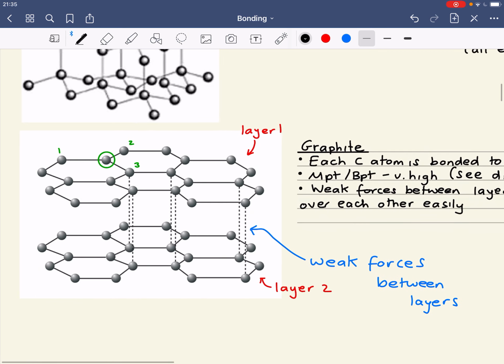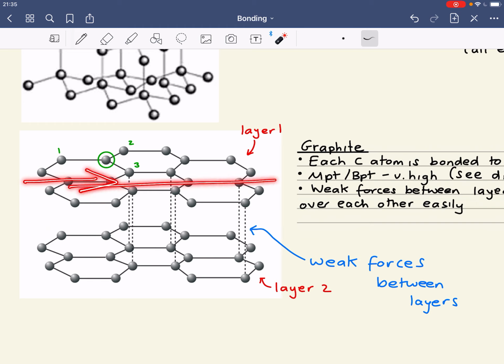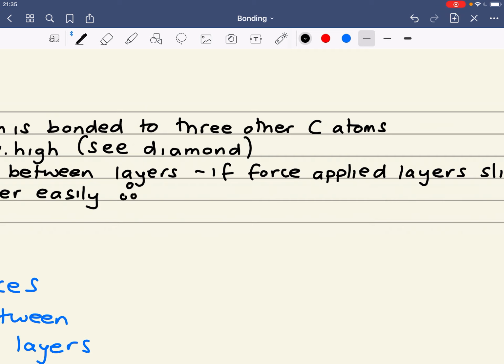So if we apply a force, for example, in this direction, then these layers can just slide over each other due to the weak forces between the layers. That makes it soft and slippery. Instead of being very hard, it's soft and slippery, and actually is a very good lubricant.